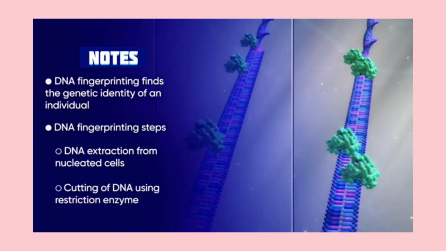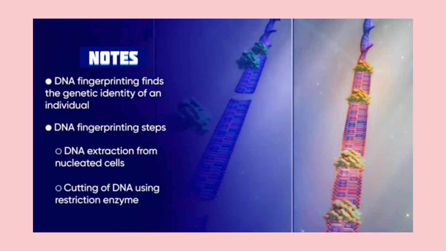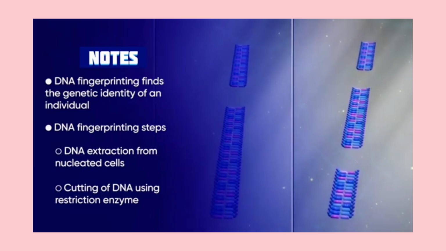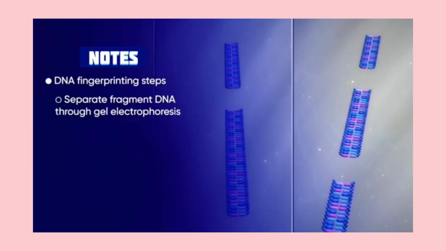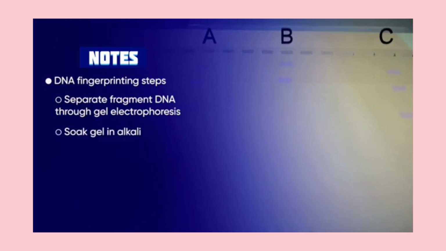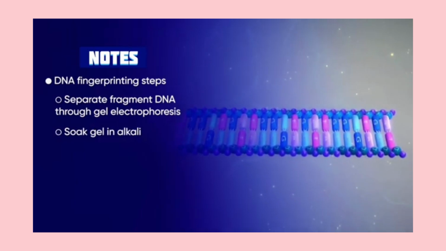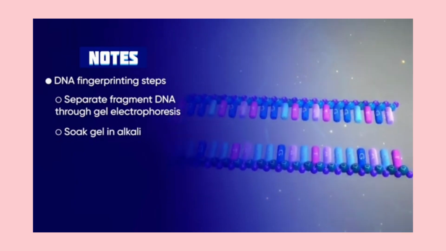Cut the DNA using specific restriction enzymes, which results in fragments of DNA of variable lengths. Using gel electrophoresis, separate the DNA fragments according to their size. Soak the gel in alkali to denature the double-stranded DNA into its single-stranded form.